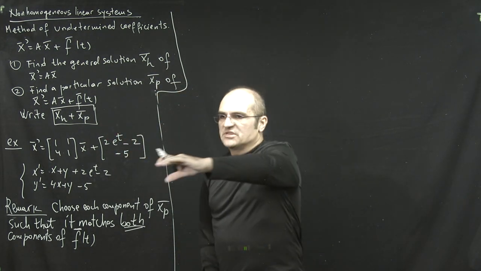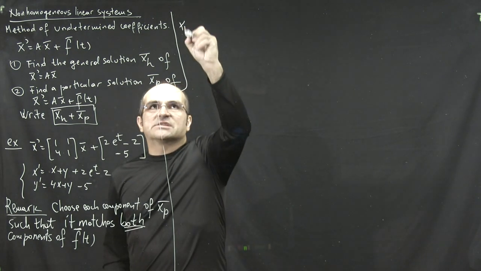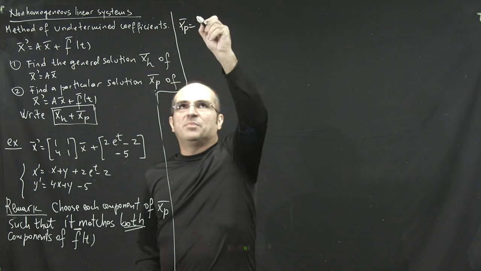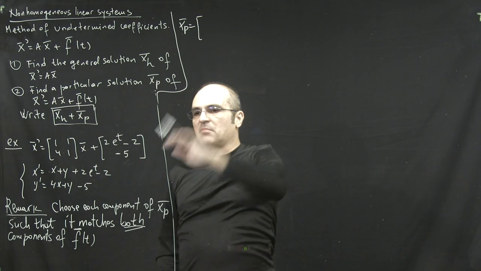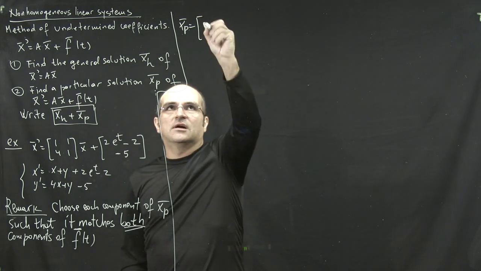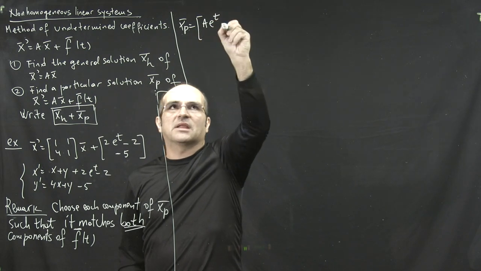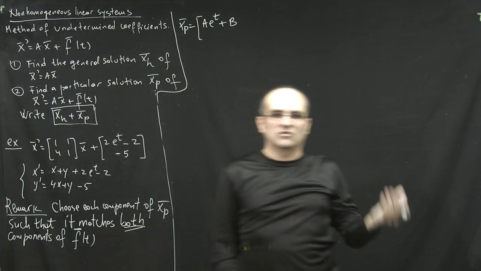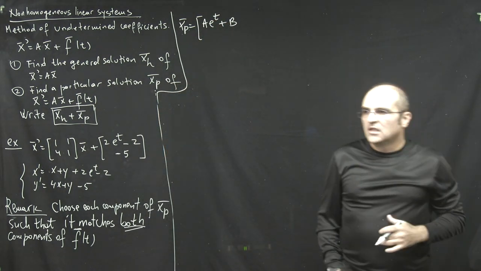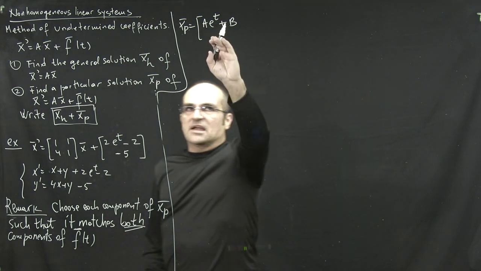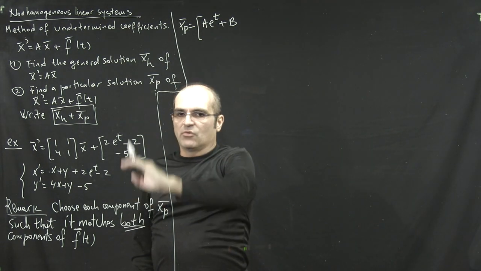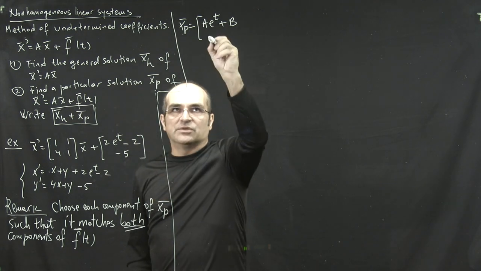So to proceed with this example, the correct choice then for xp would be first component matches both components of f bar of t, so a e to the t plus b, right? A combination of an exponential plus a constant. And similarly, the second component again will match both entries of f bar of t with different coefficients.